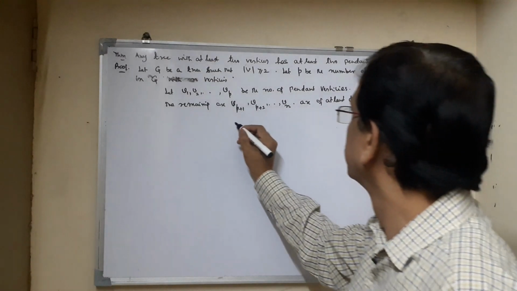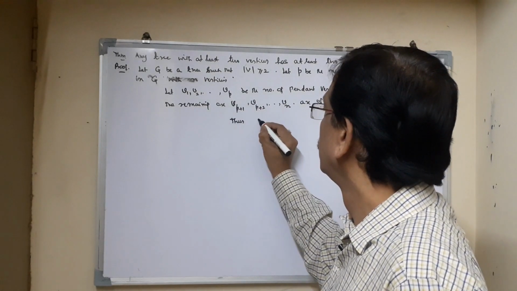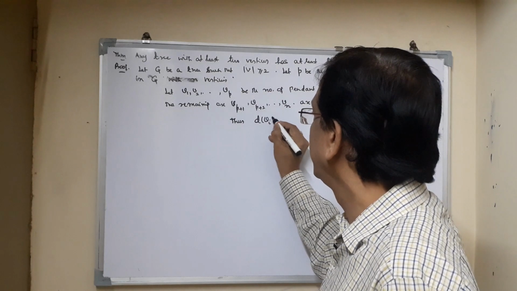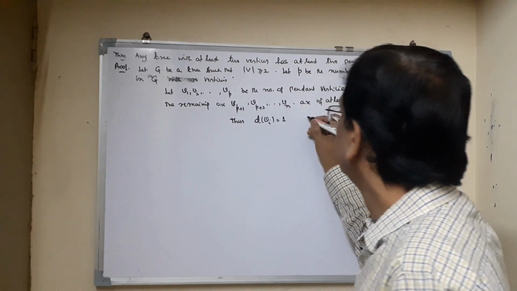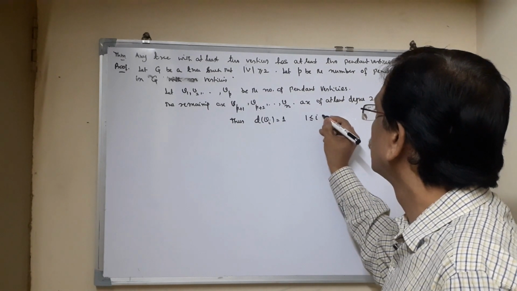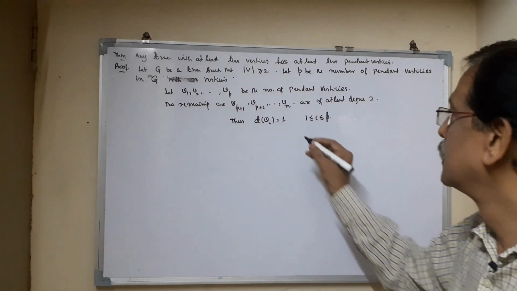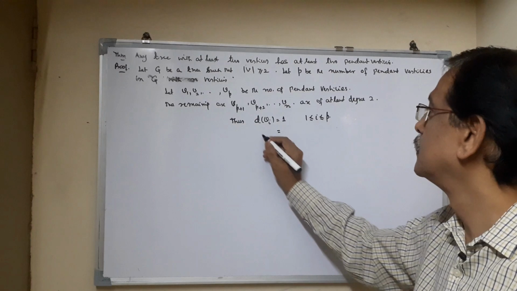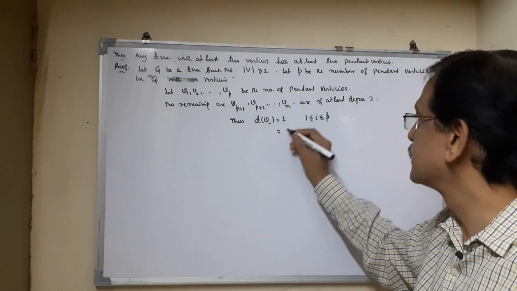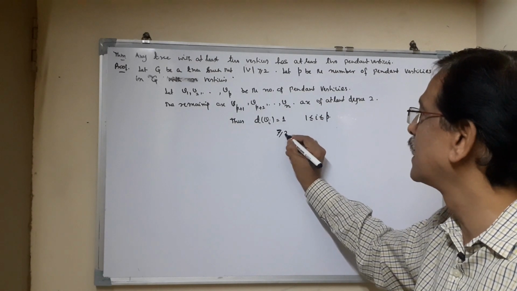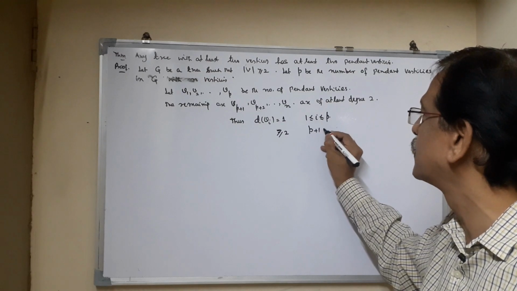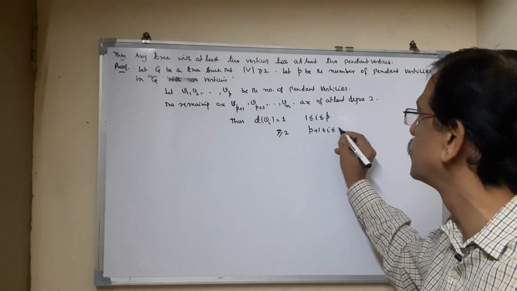Thus, d of Vi is 1 when 1 is less than or equal to i less than or equal to P, the number of pendant vertices, and d of Vi is at least 2, greater than or equal to 2, if P plus 1 is less than or equal to i less than or equal to n.